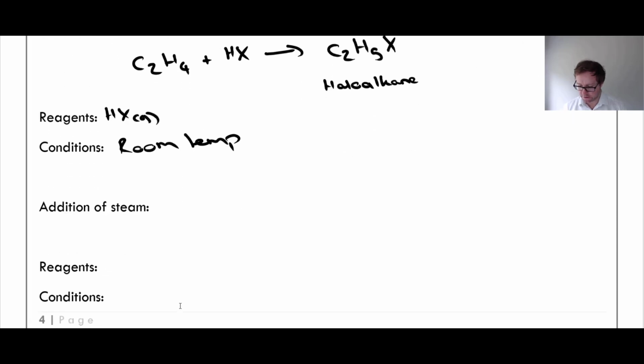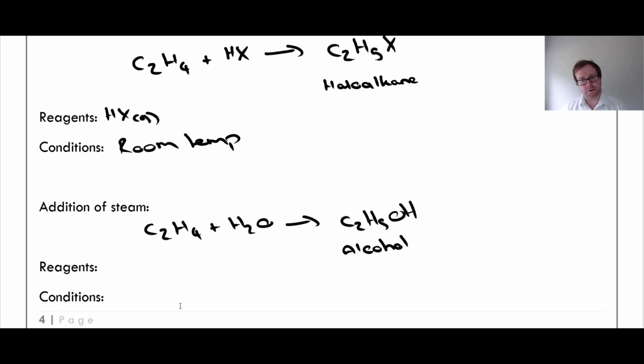Okay, and the addition of steam, so C2H4 plus H2O forms C2H5OH. You may have noticed this is an alcohol, specifically ethanol. The reagent that I need is H2O gas, so I need it as a steam.